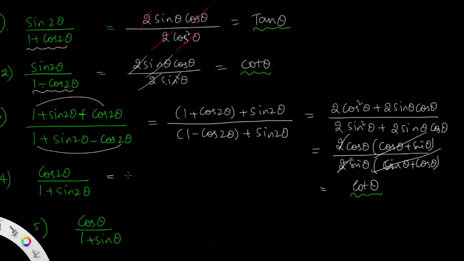Tan of pi by 4 minus theta. Okay. Cos 2 theta by 1 plus sin 2 theta. So which is, yes, okay.